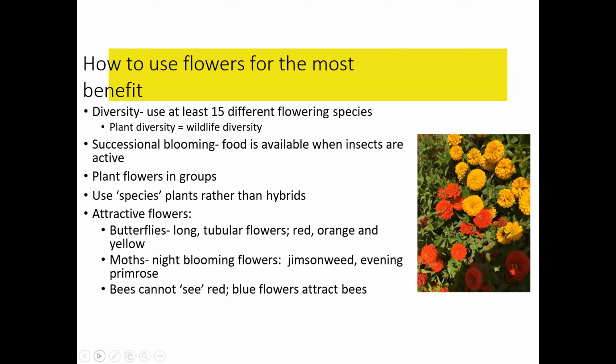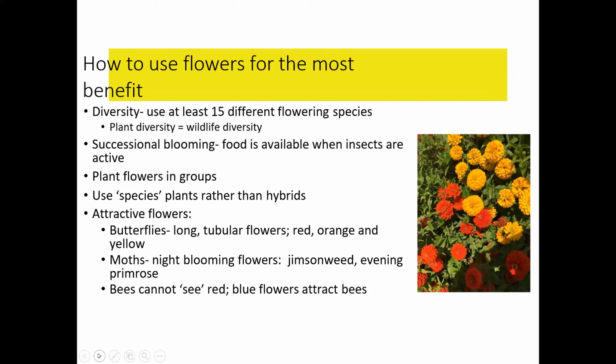So if you basically have something in bloom from May through October, you're going to support pollinators. Plant flowers in groups. This is kind of obvious. Not only does it look better from a landscape point of view, but insects can actually see groups of flowers better. And we encourage you to use species plants instead of hybrids.